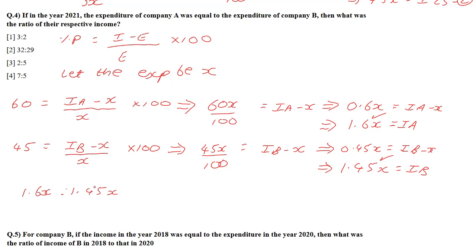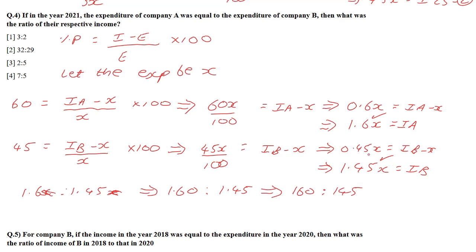First of all, the x's cancel. Then I have 1.6 and 1.45. I'm going to simplify that further and say 1.60 is to 1.45, because then I can get rid of the decimal point. 160 is to 145.